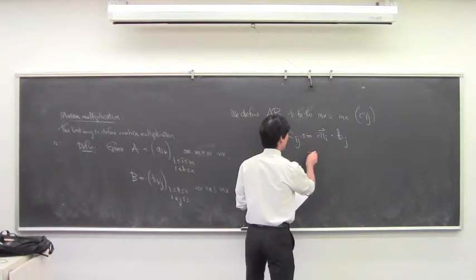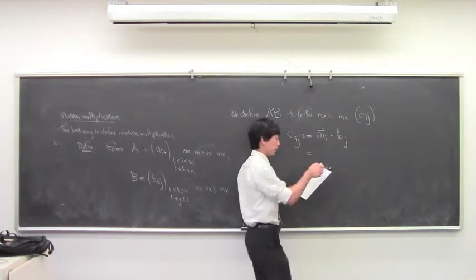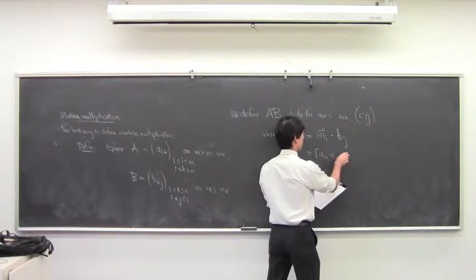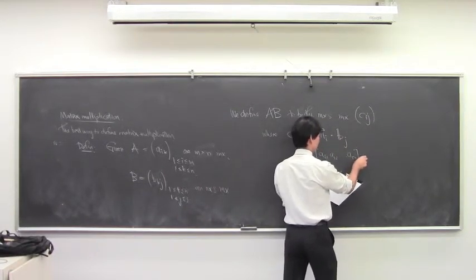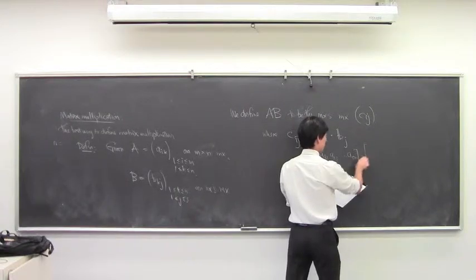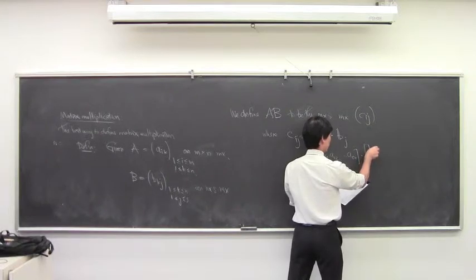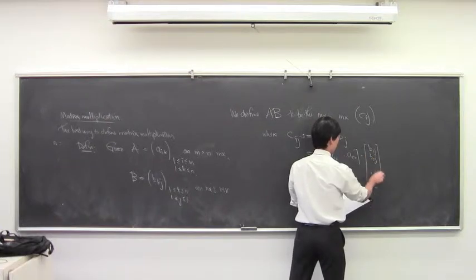So remember what these things are. This is the ith row of A, that's to say Ai1, Ai2, up to Ain, and we're going to dot that against the jth column of B: B1j, B2j, up to Bnj.